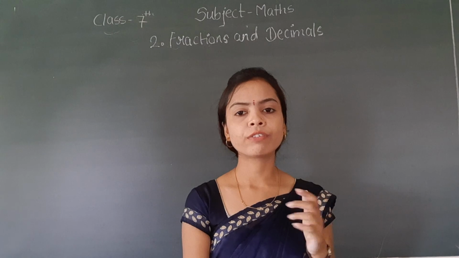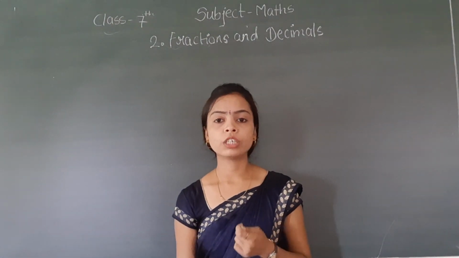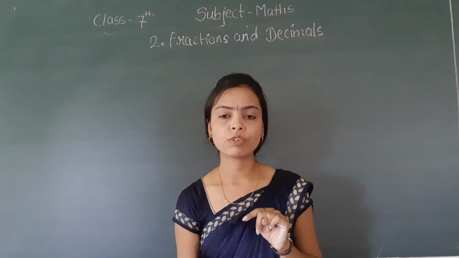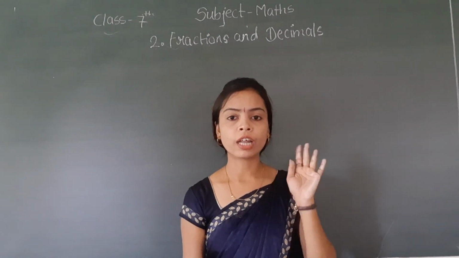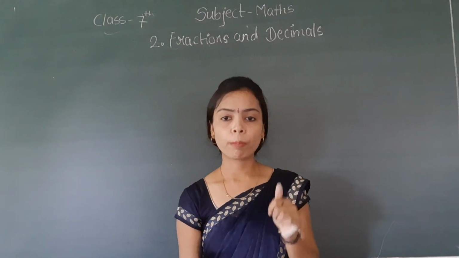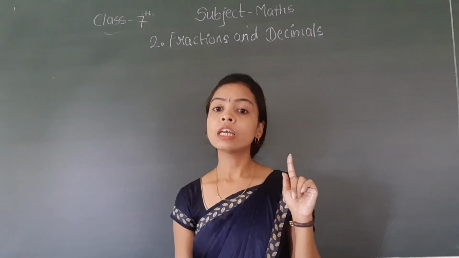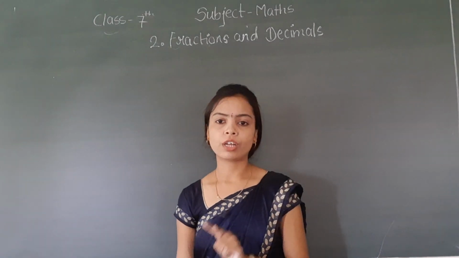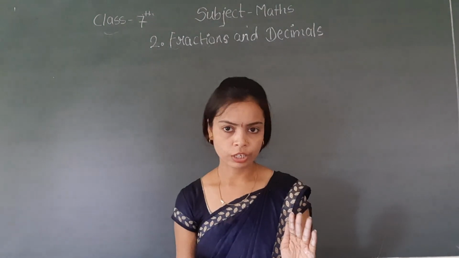In unlike fractions, the denominators are different, so you need to equate both denominators. For this we use the LCM method. After that, if our answer is a proper fraction, we don't need to change it. If our answer is an improper fraction, we convert it into a mixed fraction. And one more thing: our answer must be in the shortest form.